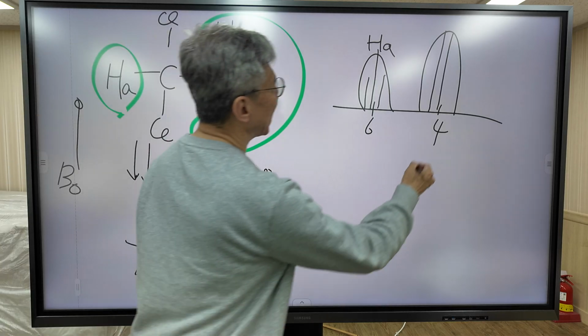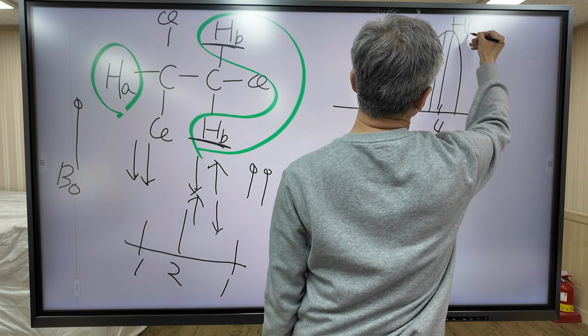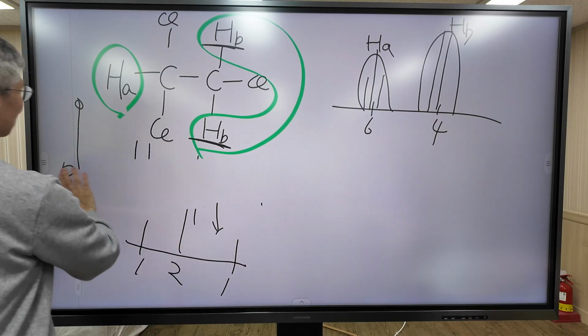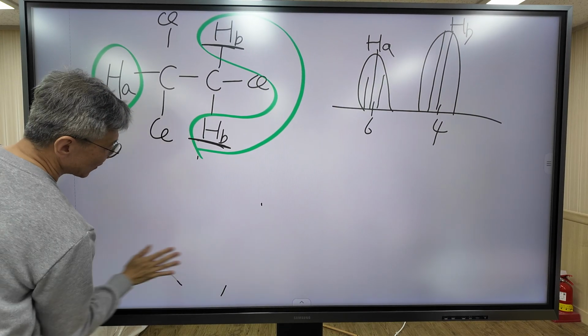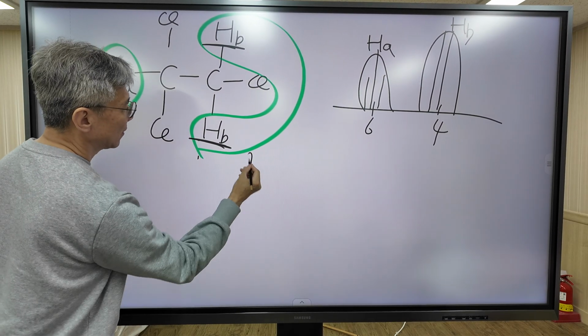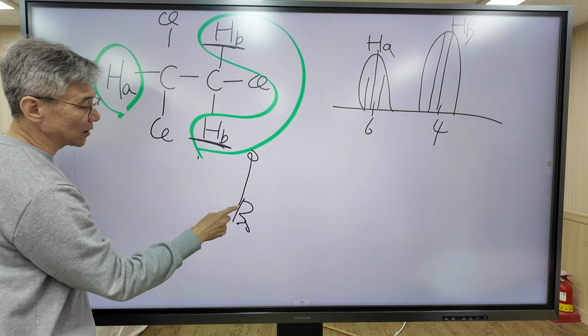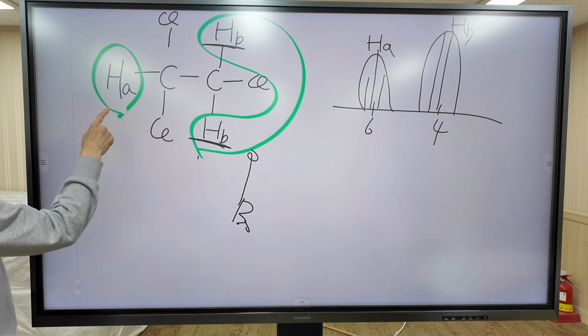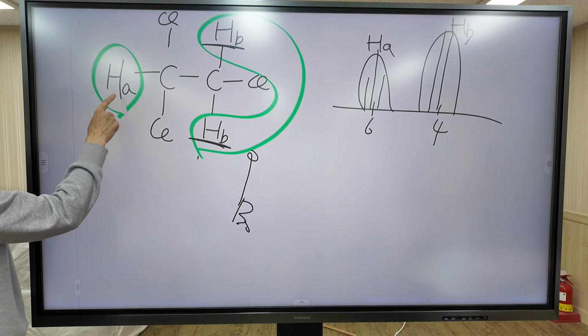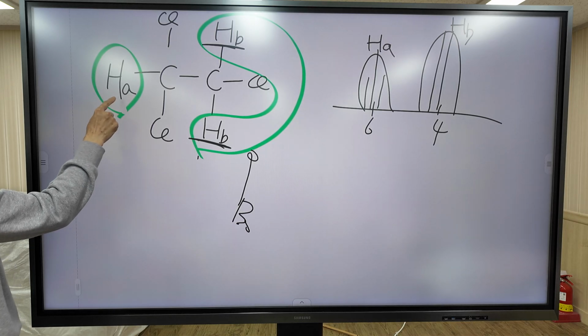Now turn to the Hb proton. For the Hb proton also, we apply a magnetic field, but the Hb proton experiences B0 and the magnetic field generated by the Ha proton. This is also a magnet.